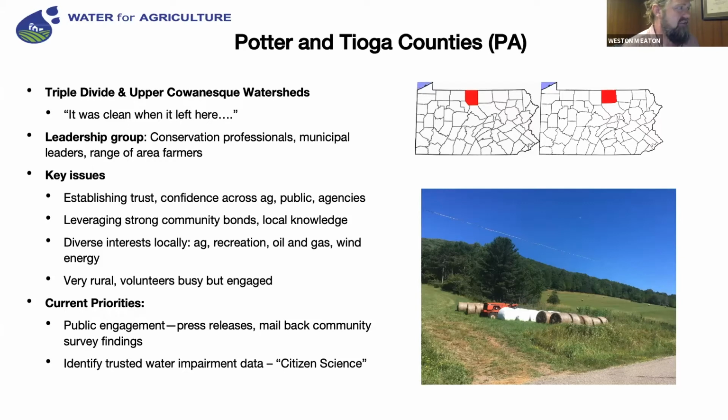So the key issues are establishing trust and confidence across the agencies, publics, and the ag community, and leveraging existing strong community bonds and uncovering and enhancing those, as well as local knowledge. The picture I chose to put here on the side doesn't show it as well as it does in real life, but the farmers there are farming on the side of mountains, which adds all sorts of dynamics.